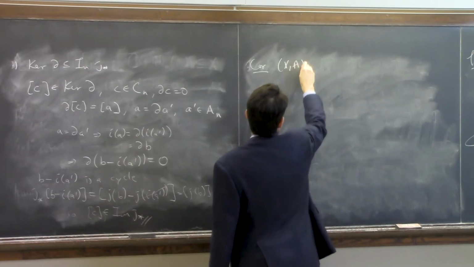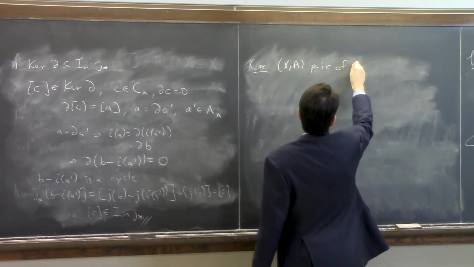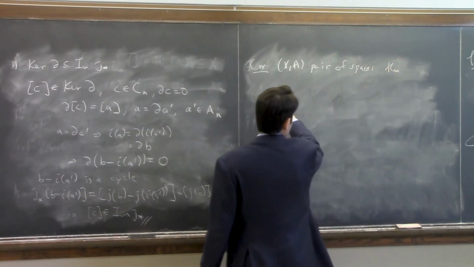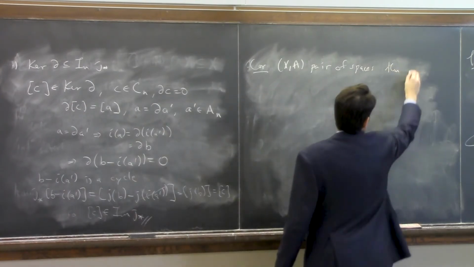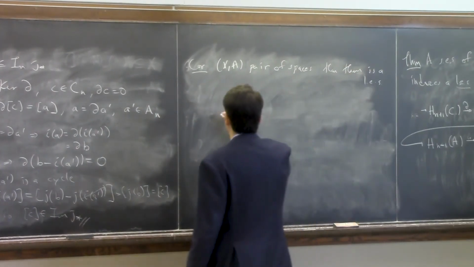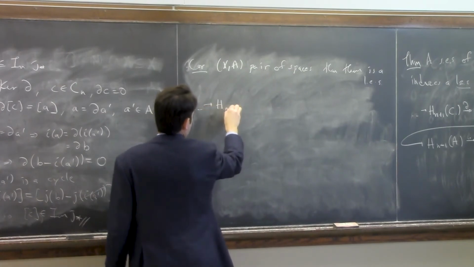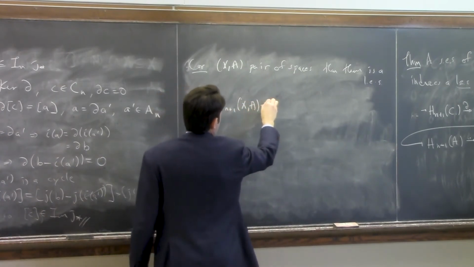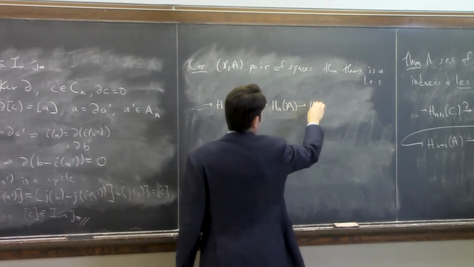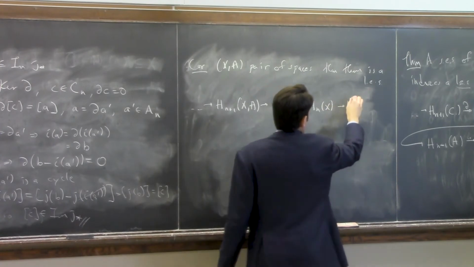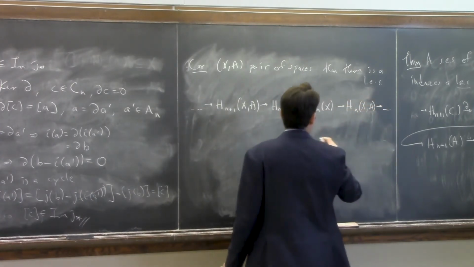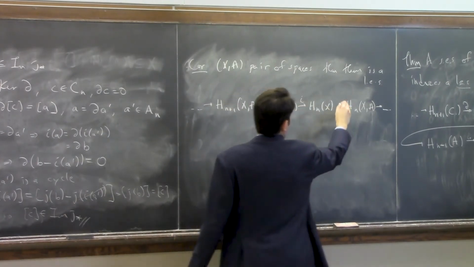If X, A is a pair of spaces, then we get a long exact sequence of the relative homology groups. And right, this is the boundary, this is inclusion, this is projection.